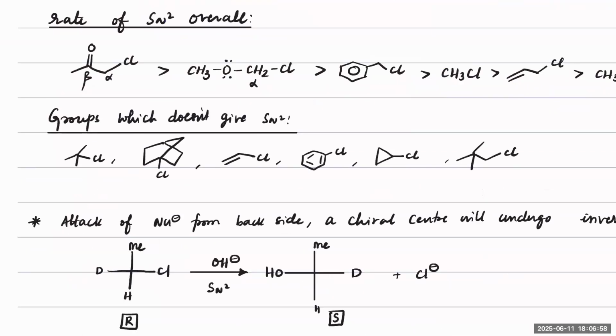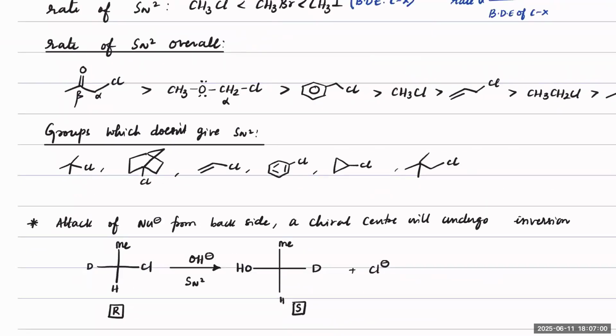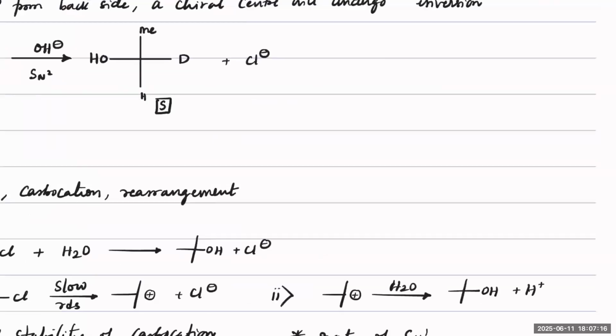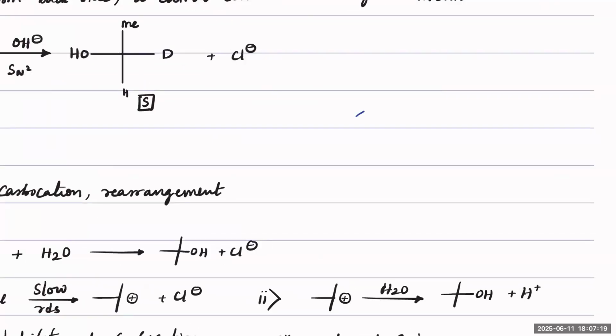Now, the rate of SN2 also depends upon what kind of group is present next to it. At this alpha position, there is a leaving group, in this case chlorine, and then you have a C double bond O adjacent to it. What is the advantage of that? Chlorine is leaving from here, and this is its sigma star orbital.